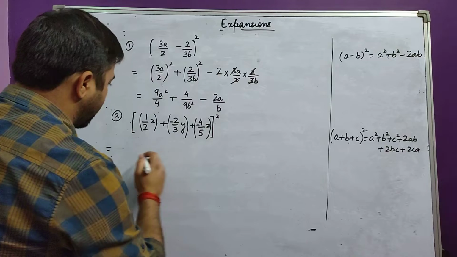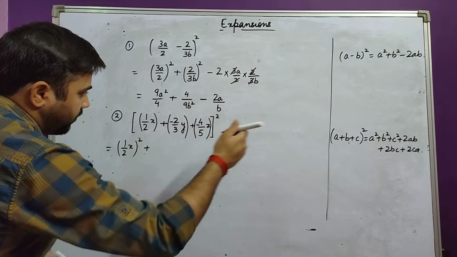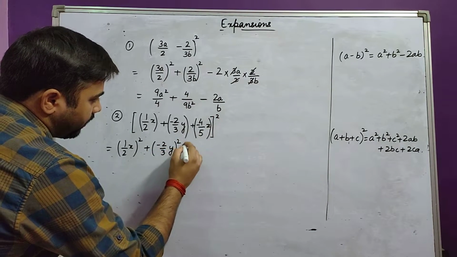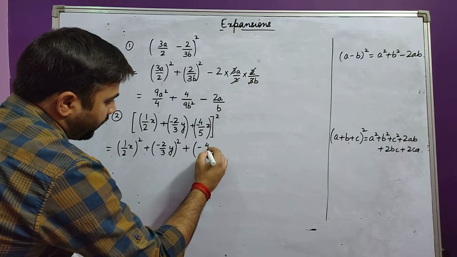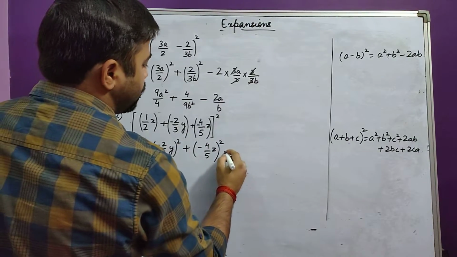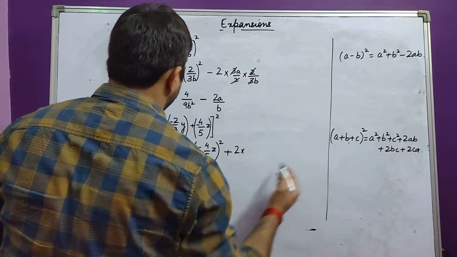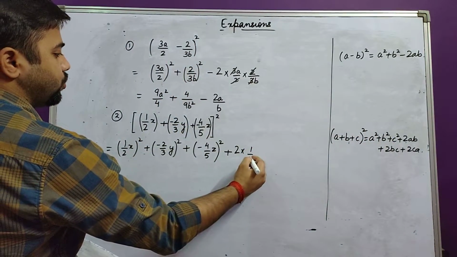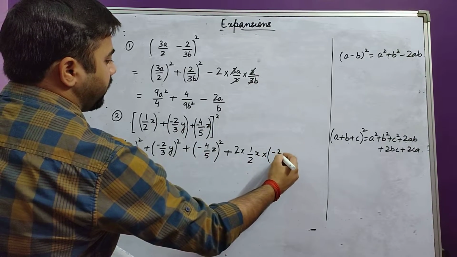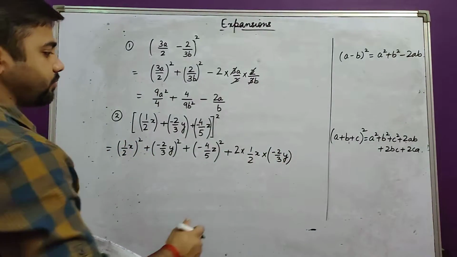First term square, that is (1/2x) whole square, then the second term according to the formula, (-2/3y) whole square, plus (-4/5z) whole square, plus 2 multiplied by the first term multiplied by the second term over here, 1/2x multiplied by -2/3y. We are going to take the negative term within the bracket.